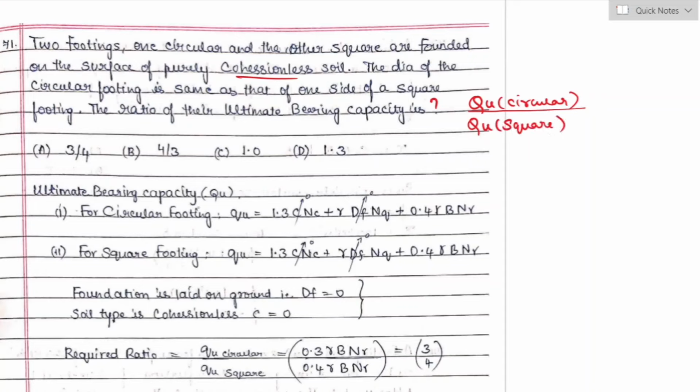We know that ultimate bearing capacity for circular and square footing is given by the following formula. In the given question, it is mentioned that foundation is laid on ground, that is, depth of the footing will be 0, and the soil type is given as cohesionless, so the value of C is 0. So the required ratio of ultimate bearing capacity will be 3 by 4. Option A is the right answer.